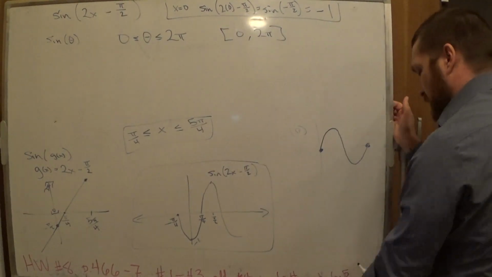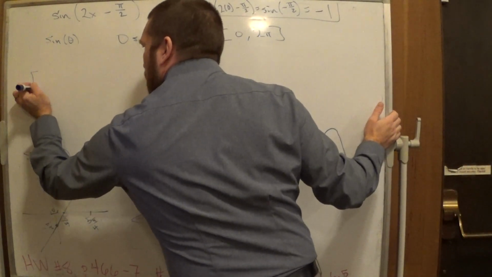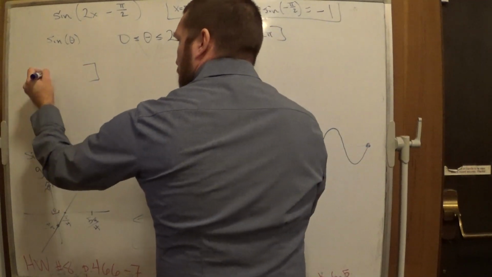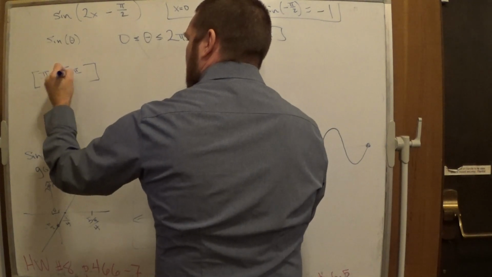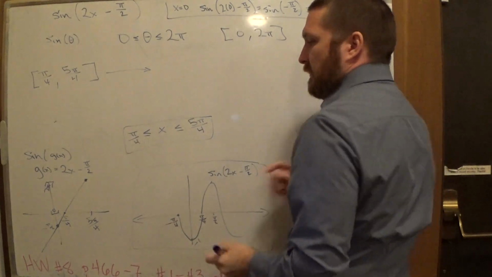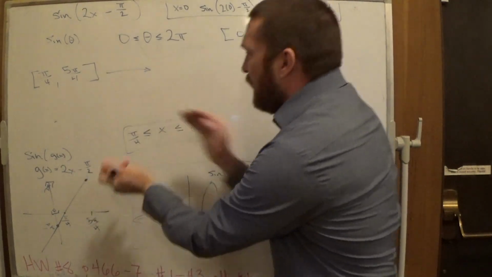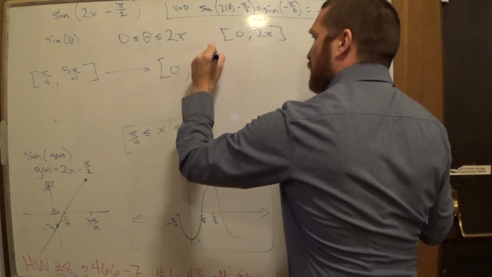Basically, what's happening is this. We're taking some interval. We don't know what it is, but we were able to solve for it, and it goes from pi over 4 up to 5 pi over 4. That gets mapped into a new interval. When you plug that into this function, it maps onto this interval, 0 to 2 pi.